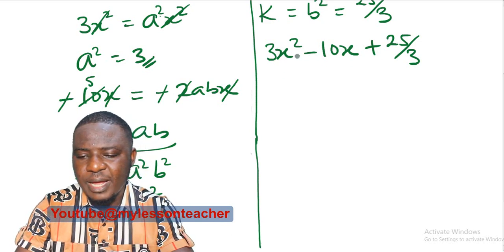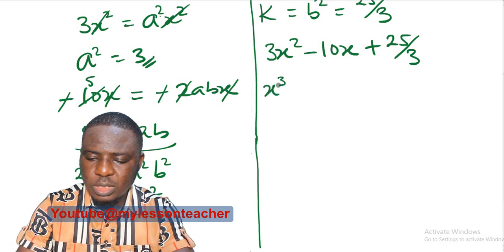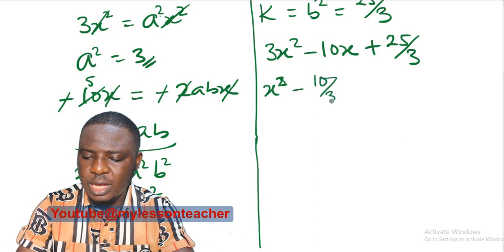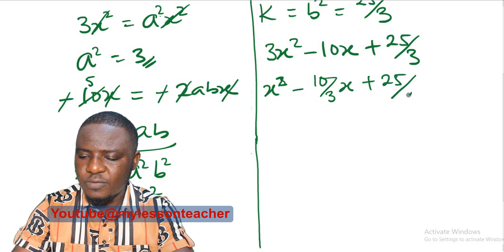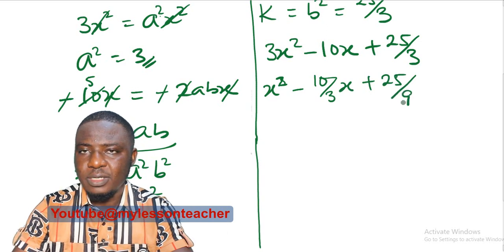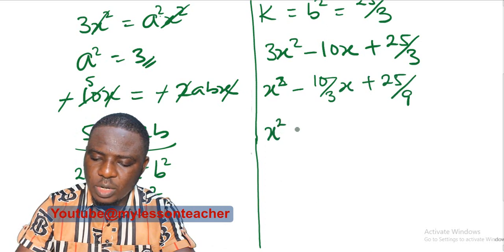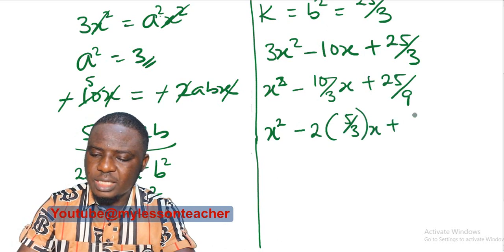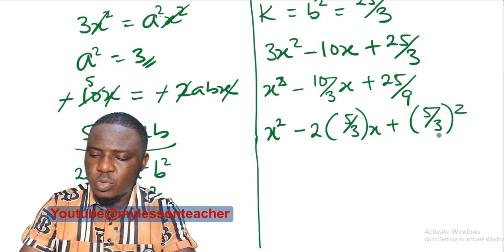We first of all divide both sides by 3. This becomes x squared minus 10 over 3 x plus 25 over 9, dividing by 3, and then factorizing out 2, you have x squared minus 2 into bracket 5 over 3 x plus 5 over 3 squared.